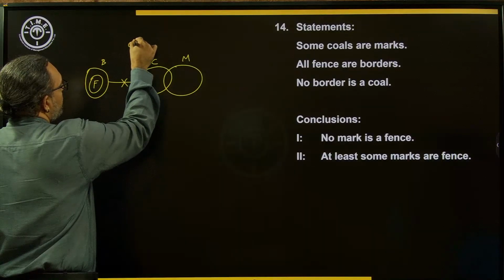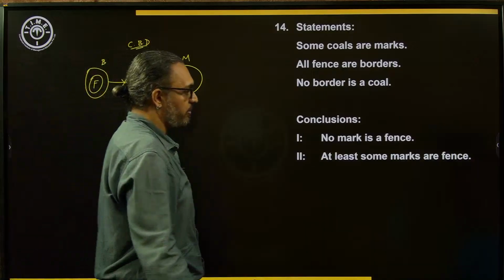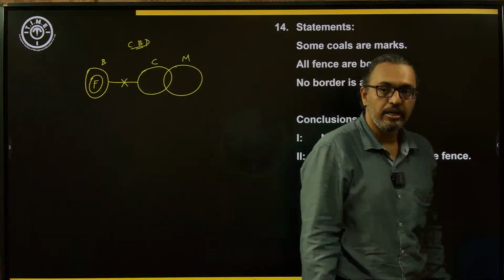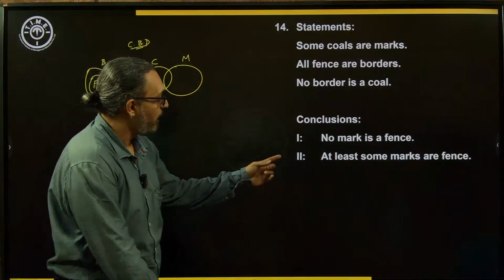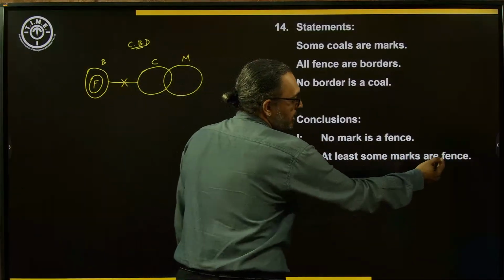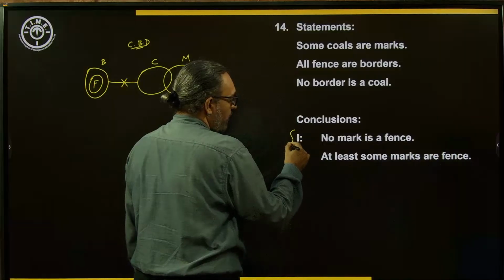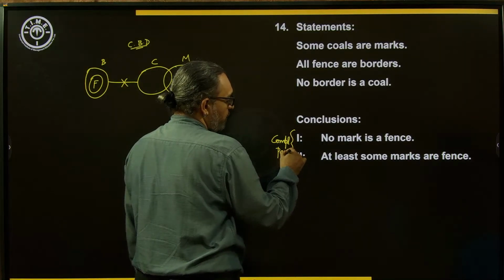So this is the combined diagram we have for the statements. Correct? Now coming to the conclusions. So what is it that we have? No mark is a fence, and here he says at least some marks are fence. So they are complementary pairs. We have complementary pairs given.